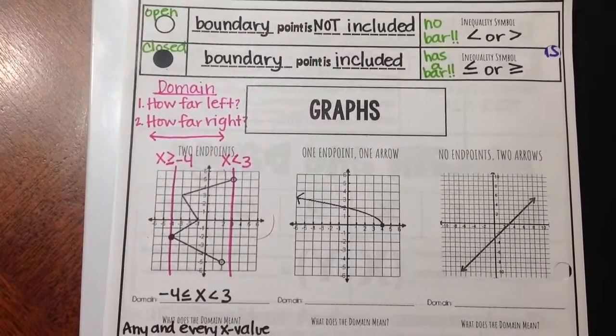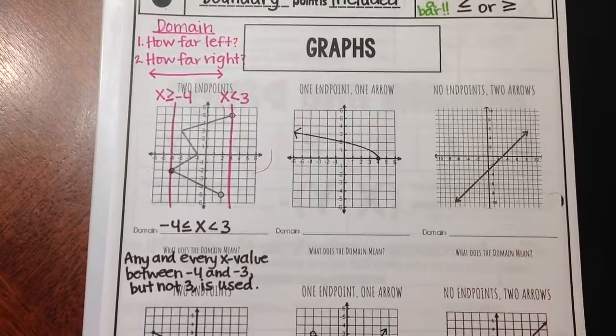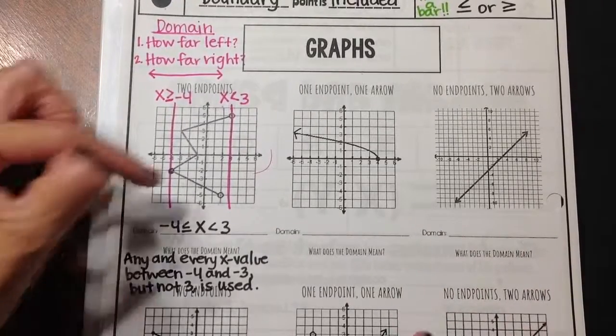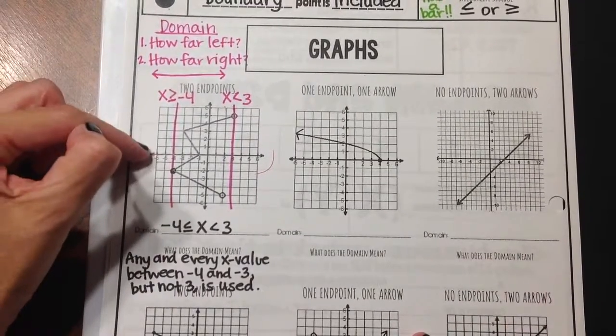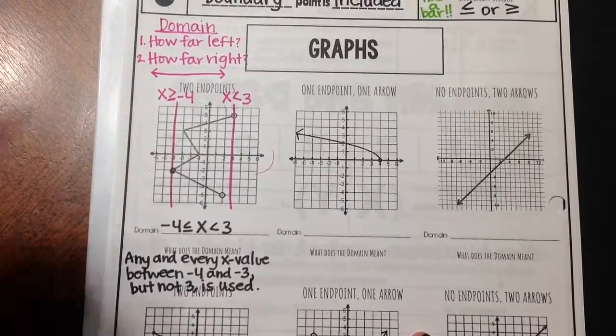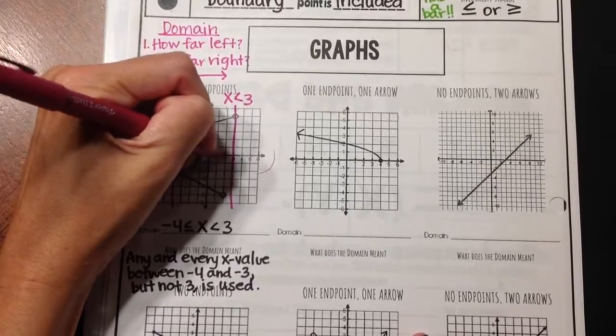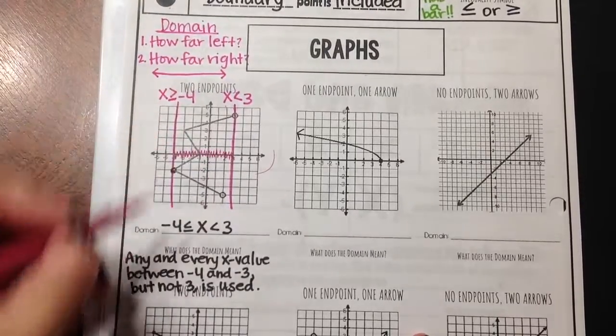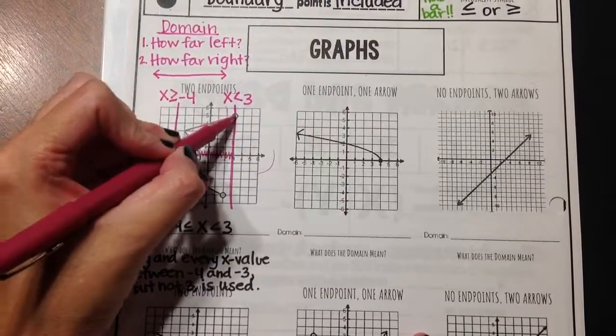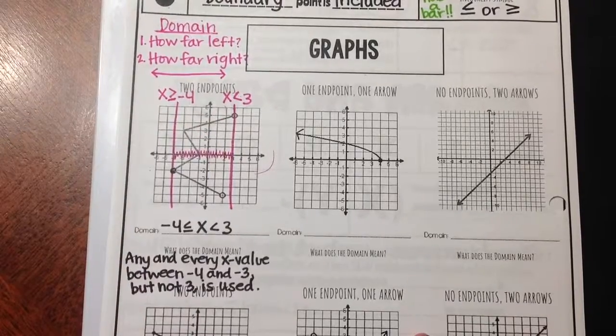So if I was going to make a list of all of the x values, I would start at -4, and then I would write every x value possible all the way up until 3. But I would not include 3 because that number is not included in my list.